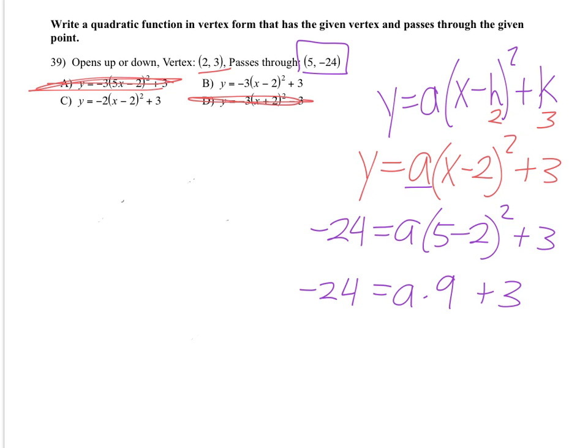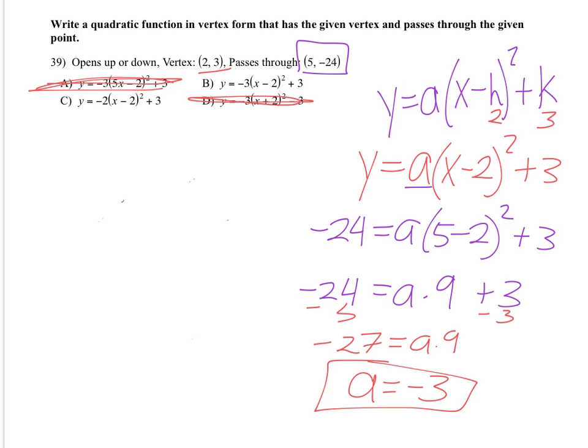I'm going to subtract 3 from both sides. Negative 27 is equal to a times 9. a is equal to negative 3. That goes back into my equation: y is equal to negative 3 times the quantity x minus 2 squared plus 3. That happens to be choice B.